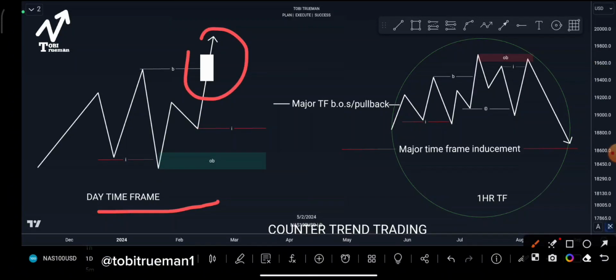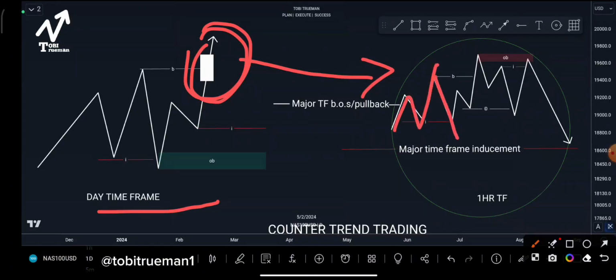When the candle closes above, then we automatically come to the 1 hour time frame. In the 1 hour time frame, we see this type of structure. Price can be making a bullish movement also, break of structure.